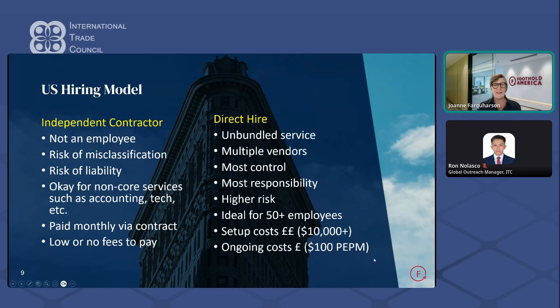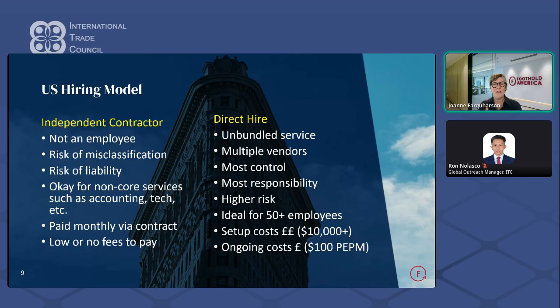And lastly, this one, direct hire, probably doesn't apply to those of you who are just thinking about entering the market, because this is when a company, those little slivers in the pie charts that I showed, where they know they're going to grow quickly, and instead of using an employer of record, they will set up their entity.